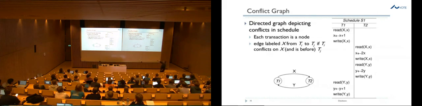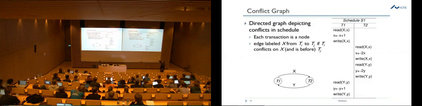So we put an edge from Ti to Tj if Ti conflicts with Tj on x, where to conflict means we are accessing the same item and one of us writes on it. And we have an idea that one has to be first and the other has to be second as far as this item goes.